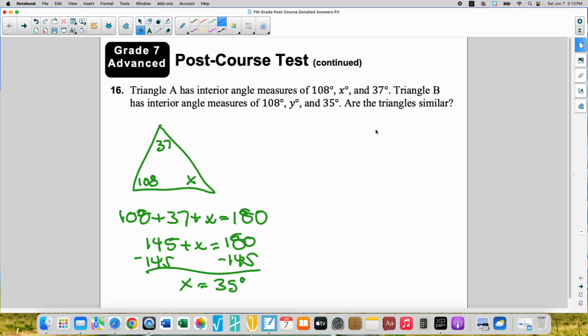And then we have our other triangle, which is 108. We can put that y, and we can put 35 here.